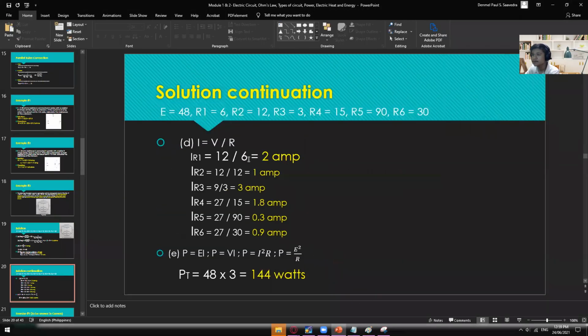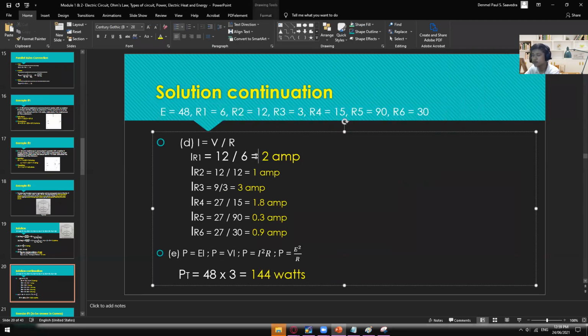For V1, we have 12 volts, which is coming from this one right here, divided by R1, which is 6 ohms. So 12 divided by 6 is 2 amps. That's the current that's flowing on the IR1.